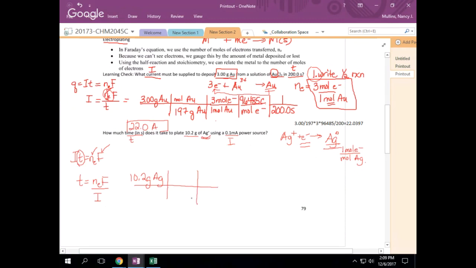Moles to moles, right? So I'm going to have to take grams of silver and relate to moles of silver. 107.9, I think, per mole. And for every 1 mole of silver, there's 1 mole of electrons. You okay with that?